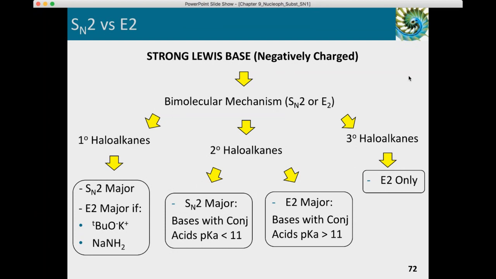Also want to remind you of a couple of things about these two mechanisms. Remember that SN2 is a backside attack. So if you're talking about a secondary haloalkane which is chiral, the product will have inverted configuration because of the backside attack. In regards to E2, you need to remember that for E2 reactions to take place, the haloalkane must be in a reactive conformation in which the leaving group and the hydrogen for the elimination must be anti-coplanar, and that will determine the stereochemistry of the final product.